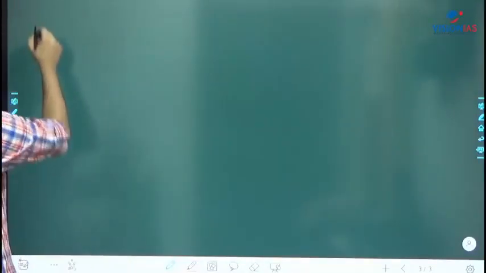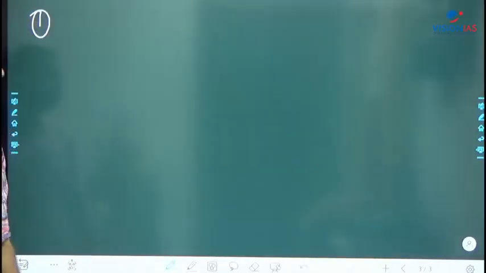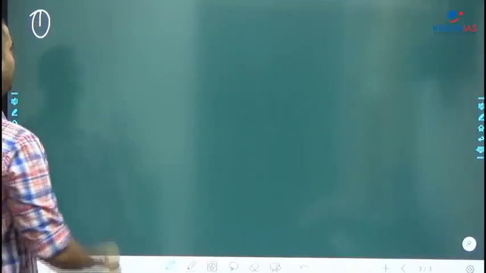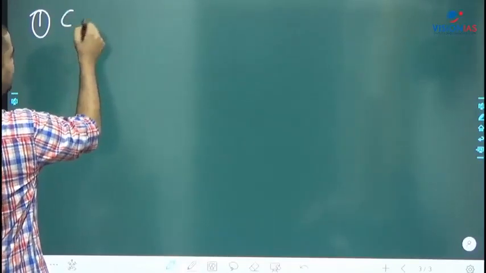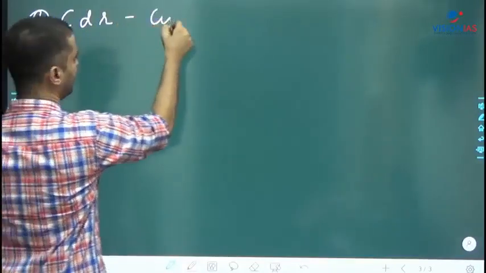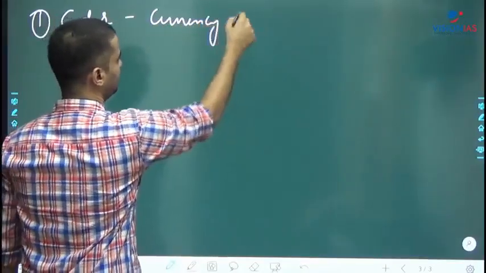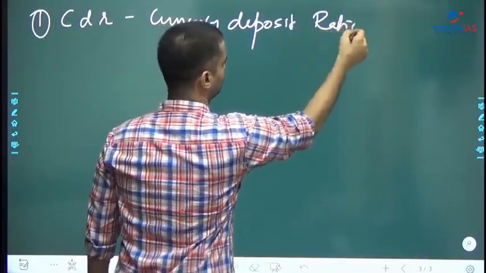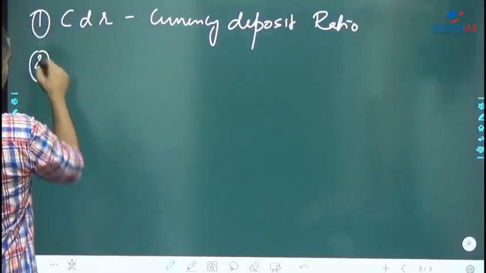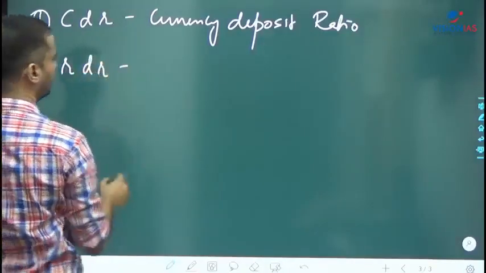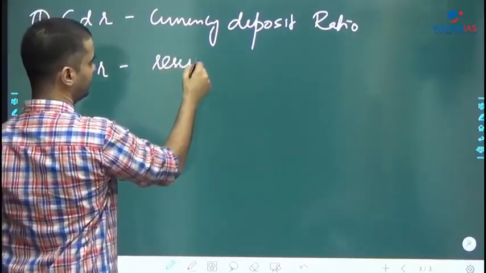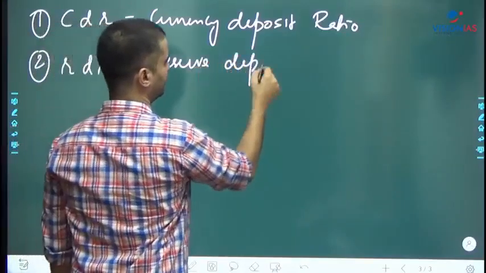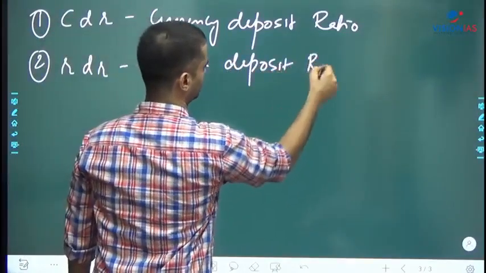There are two ratios that we need to be concerned about, two important terms that we need to know. One is called CDR, currency deposit ratio, and the second one is called RDR, reserve deposit ratio.